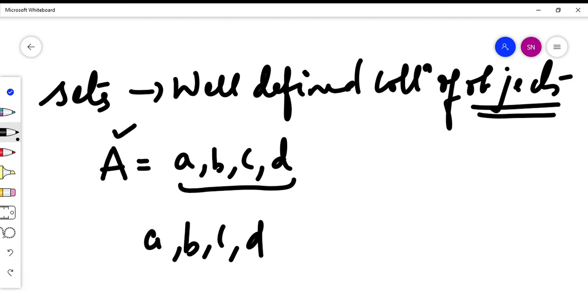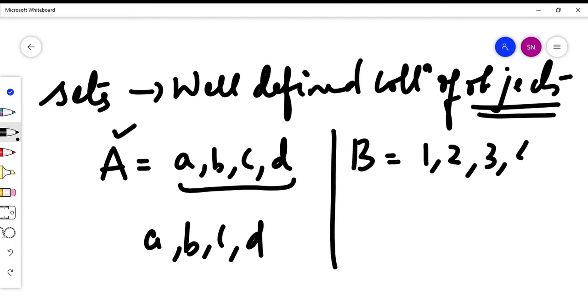In that case, you do not have any differentiation. So if I give an example of set B, which consists of numbers, it can be written like this. This is the basic of how to write a set: it should be written in capital letters, and the elements inside that set are written in small letters.